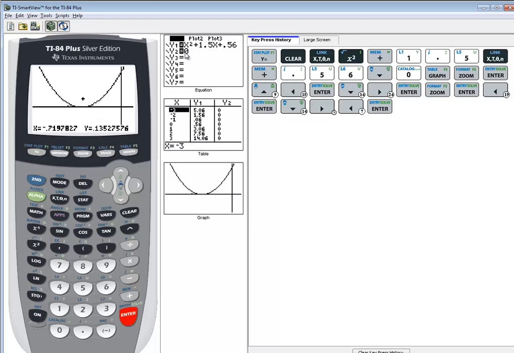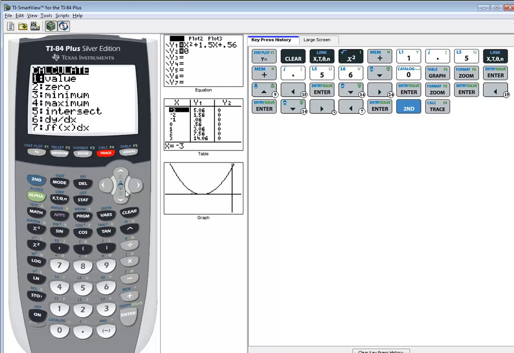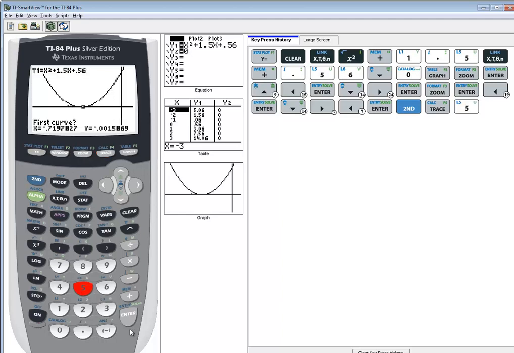Now I had you put 0 on y2 for a reason. If we do second trace and choose intersect, so push 5. We'll do enter on first curve, enter on second curve, and for a guess, I'm going to move my cursor over closer to this side.